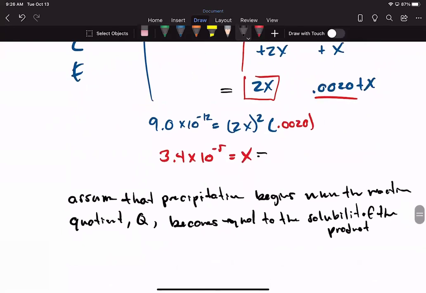So if we want to know, here we're going to go 2 times 3.4 times 10 to the minus 5, which is equal to the concentration of silver where our Q will equal the KSP, and that's when precipitation begins. That's simply 6.8 times 10 to the minus 5. You don't need a calculator for that.